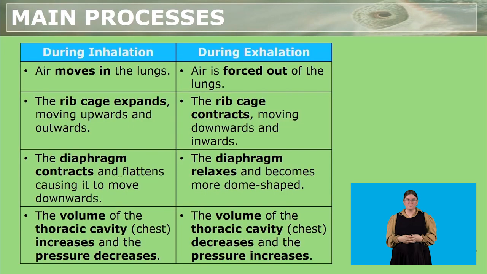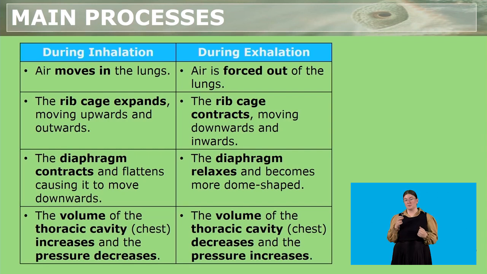The diaphragm contracts, meaning it will become flat, causing it to move downwards. Now the volume of the thoracic cavity, which is the chest area, increases and the pressure decreases.